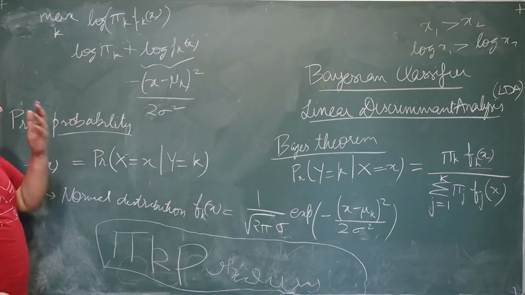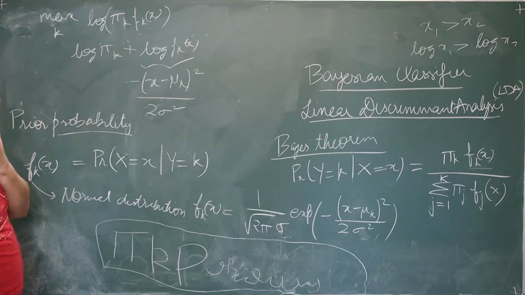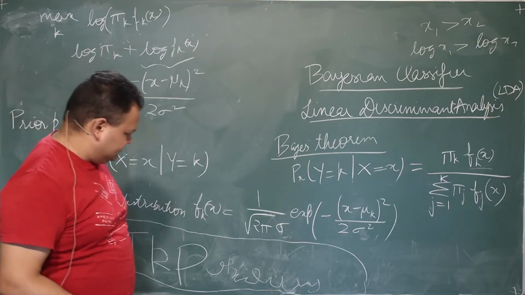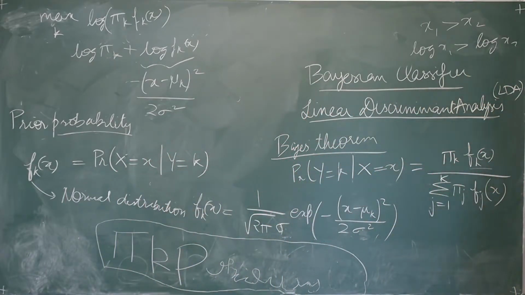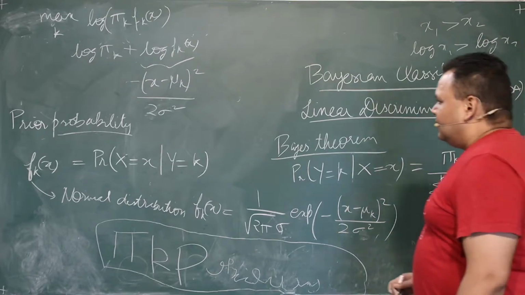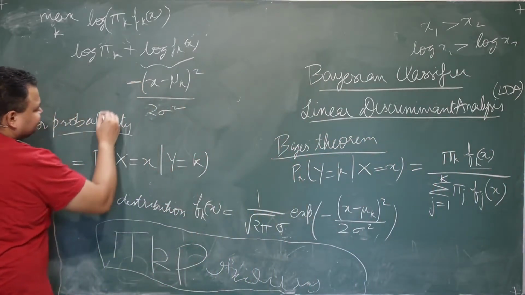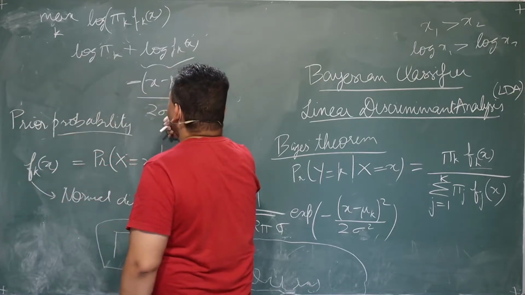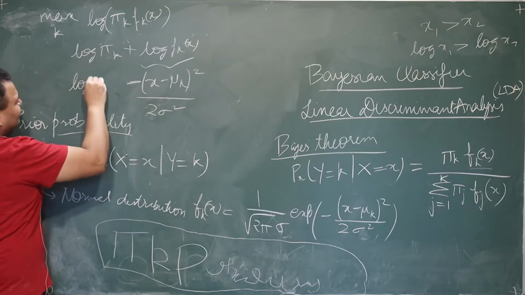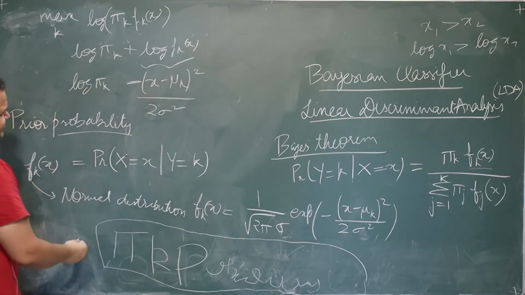Again, maybe we need to worry about that because that is going to play a role here. So this becomes equal to this. Now we have this quantity. What do we need to do now? So we have log pi k minus this.